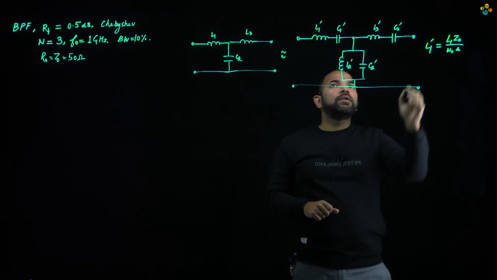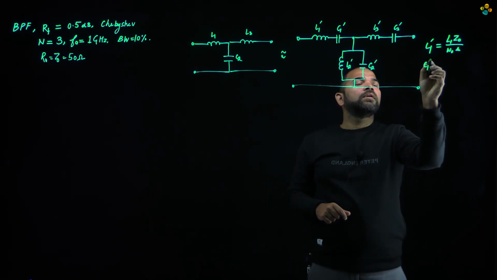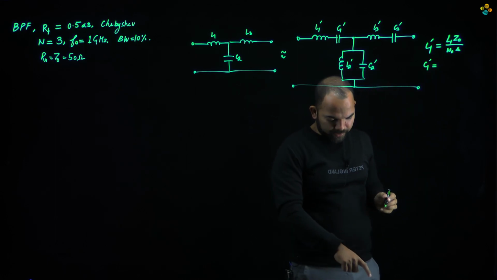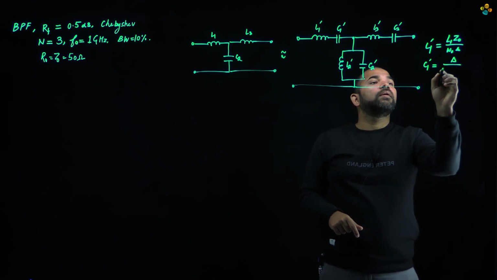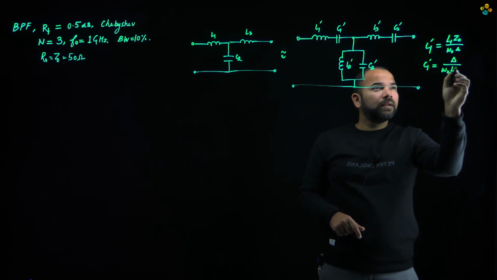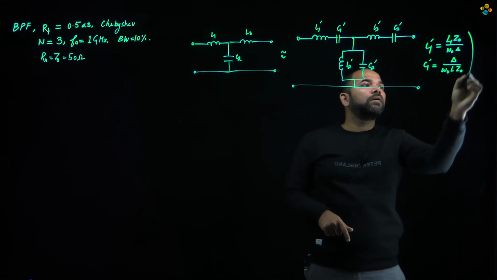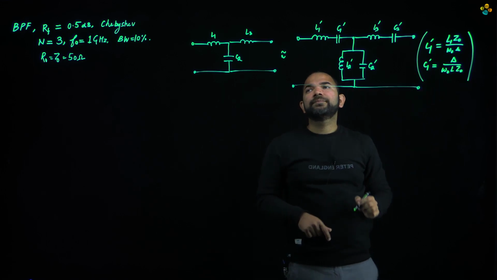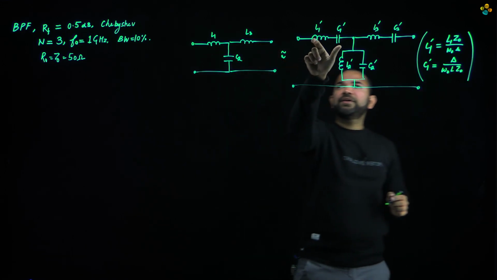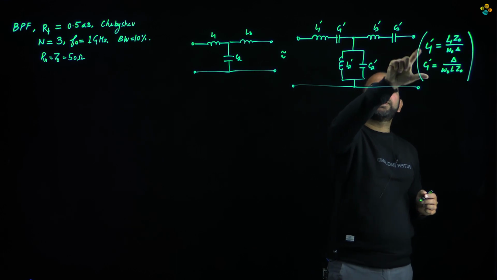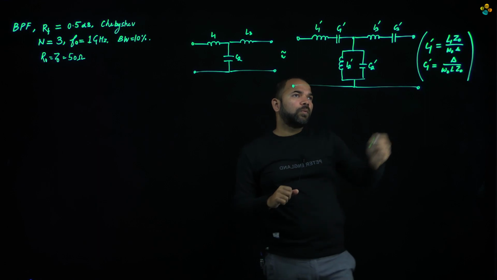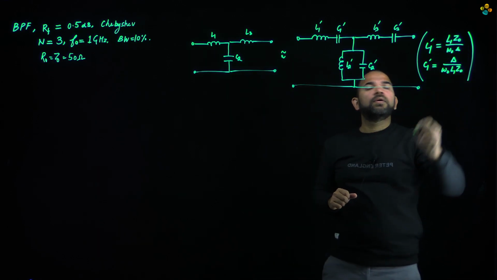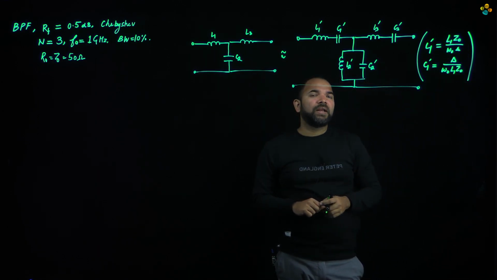Now C1 dash can also be calculated with the expression delta divided by omega naught L into Z0. This is for the series elements. So L1 dash and C1 dash can be expressed in terms of the low pass values of the inductor and capacitor.